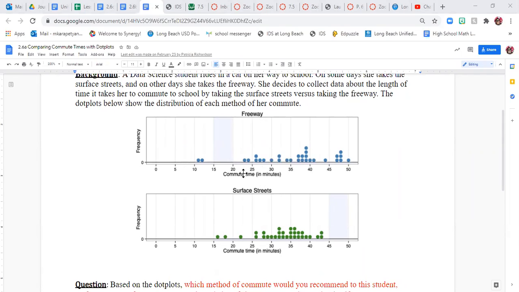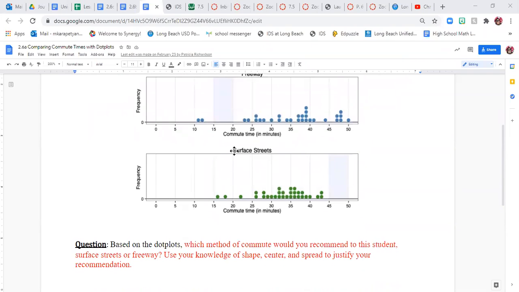So over here, if we're looking at 30 minutes, it took her one time, it took her 30 minutes to travel by the freeway. Over here, it took her four different times, it took her 39 minutes to travel by freeway. Over here, three different times, it took her 45, 46, 47, 48 minutes to travel by freeway, right? So three different times there. So the dots represent the frequency, how often.